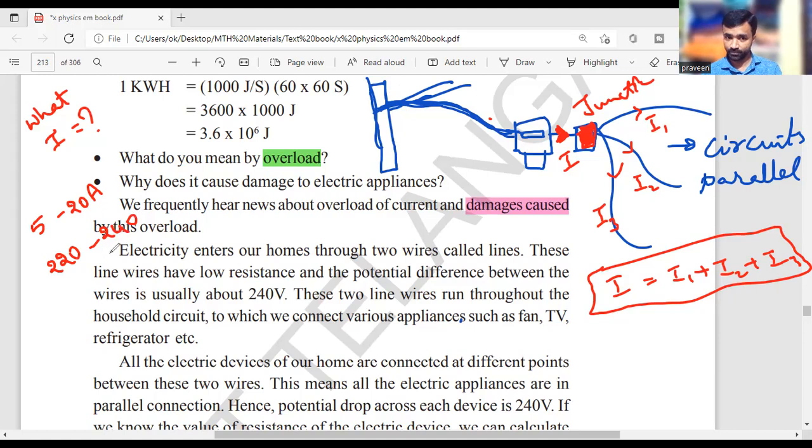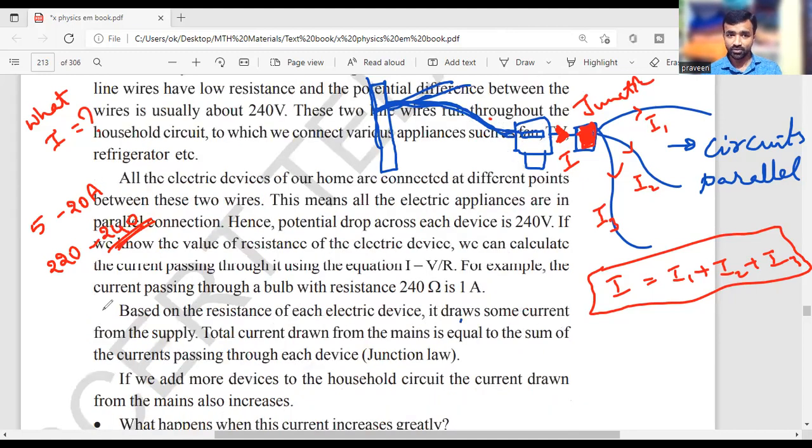That we read on the meter. Just observe your electrical meter display. On it you are able to find this information: 5 amperes to 20 amperes, and the potential difference is 240 volts.